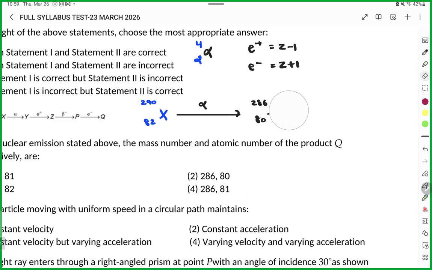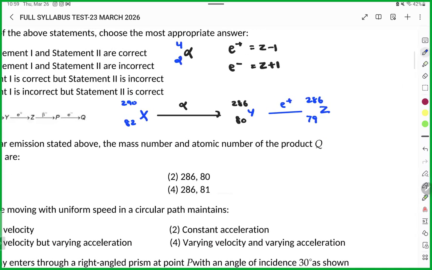Y क्यों बोलेंगे? बिकॉज एलिमेंट विल बी डिफरेंट. Different atomic number, element will be different. Then E positive, element will be different. So 79, atomic mass same रहता है. Next, beta. Beta and this is exactly same.